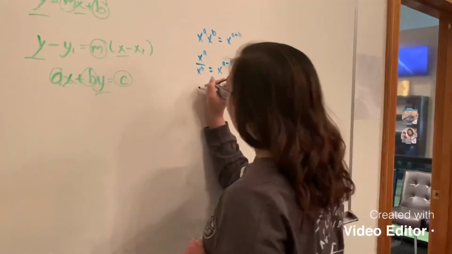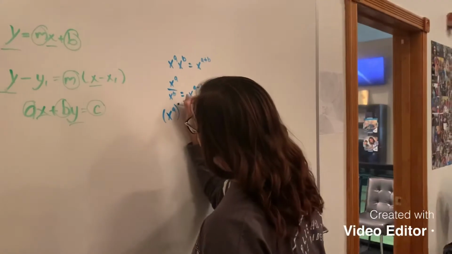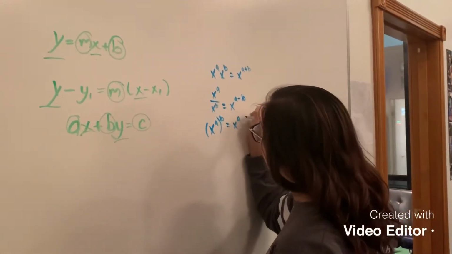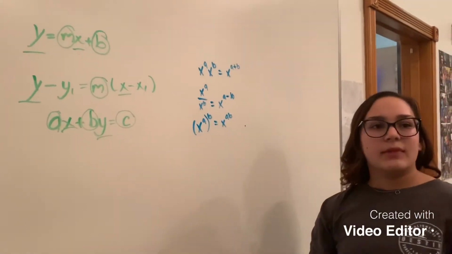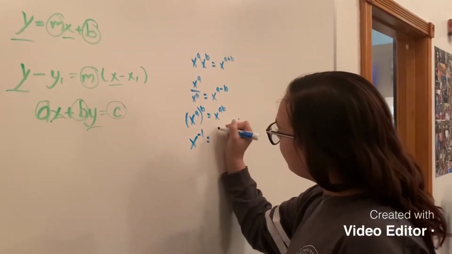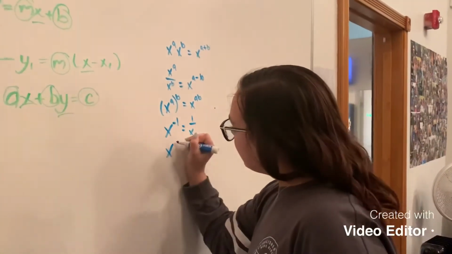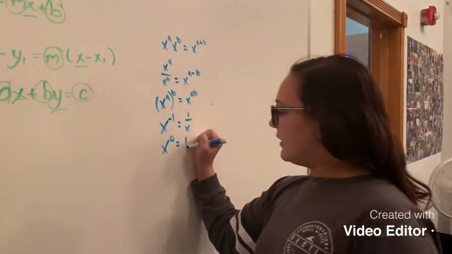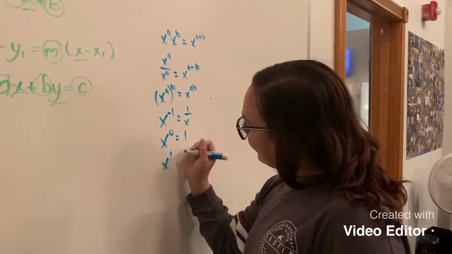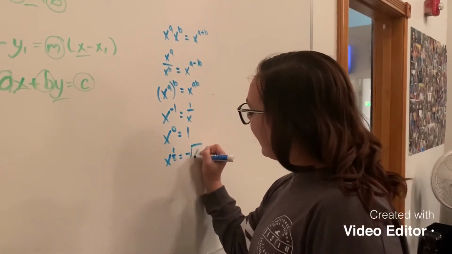The next one will be x to the a to the b, which equals x to the ab. X to the negative 1 equals 1 over x. X to the 0 equals 1. X to the 1/2 equals the square root of x.